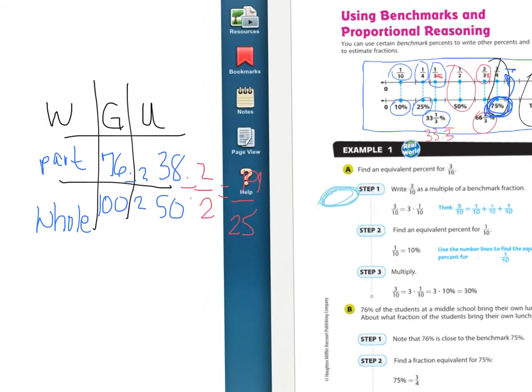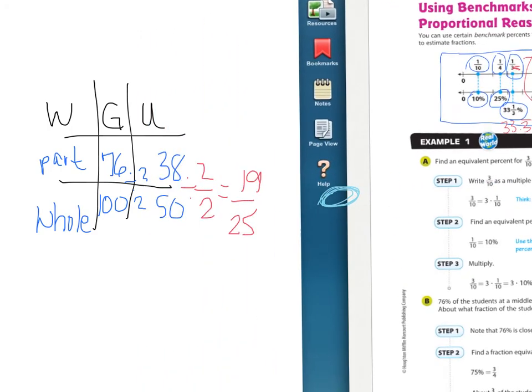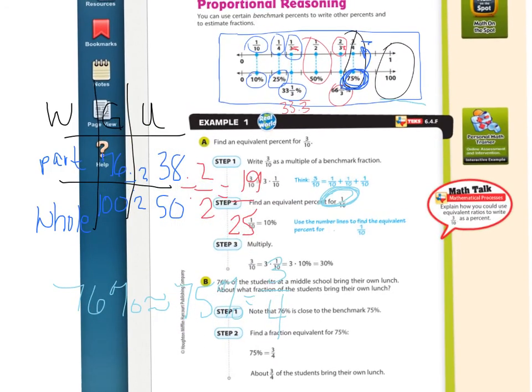So 76% is very close to 75%, and that is equal to 3/4. Okay, so you're going to have to use some common sense on some of these and use a little table. You can go back and look at this table. It's in your textbook, or you can look at it however many times you need to.